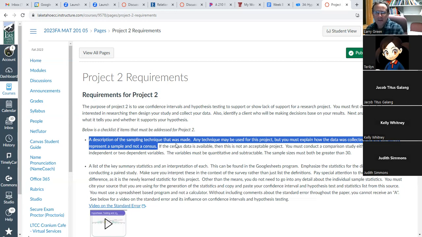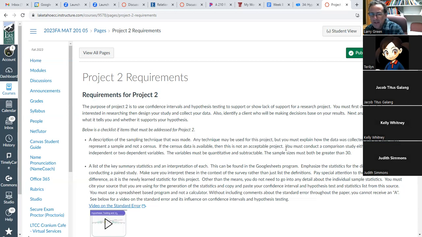Okay. So you should either be doing a difference between 2 independent means or a difference between 2 dependent means. Your data needs to be numbers and not yeses and nos. Any wonder why for this project I'm telling you not to do a yes/no survey?